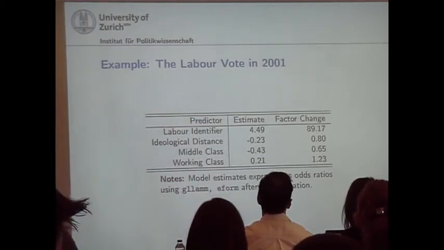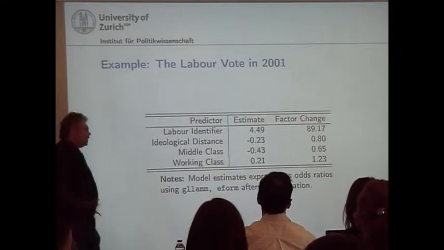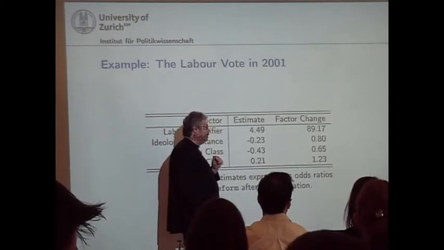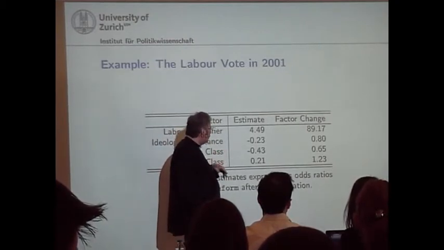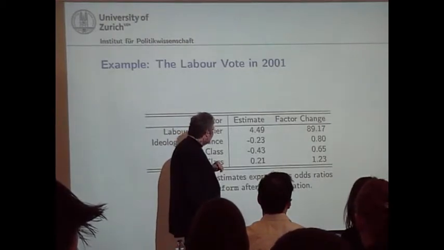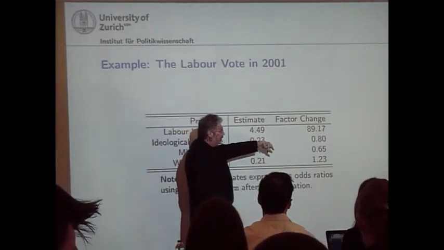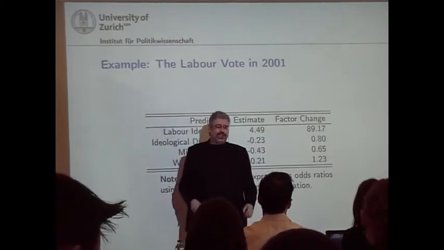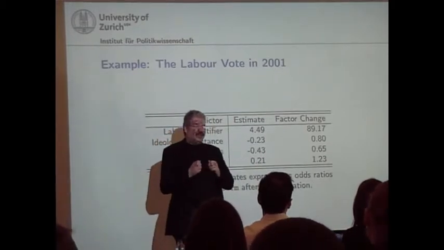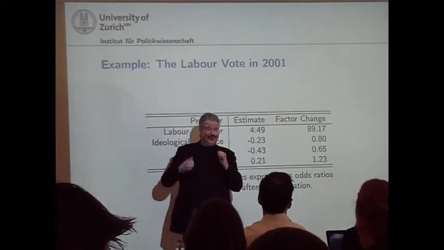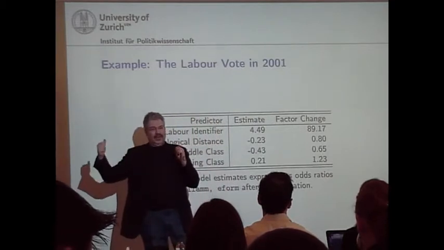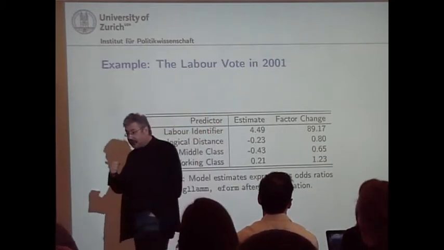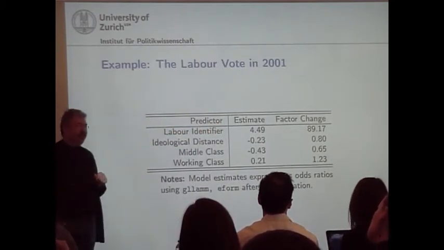If you increase the ideological distance, you move away from Labor on the left-right scale. So the odds of voting for Labor should shrink, and that's exactly what this point says.